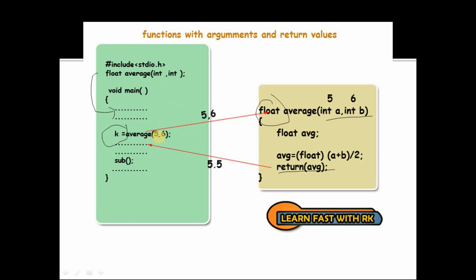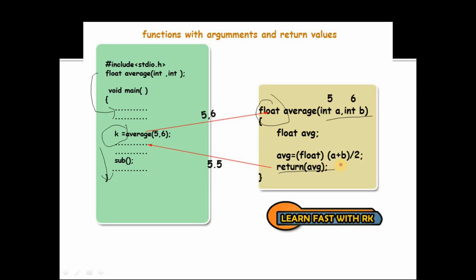Now the values 5 and 6, which are actual parameters, are initialized to a and b respectively, and the average is calculated and returned from the average function back to the main function. The value returned from the average function, available in the avg variable, will now be stored in k. It further continues its execution till the end of the statement.